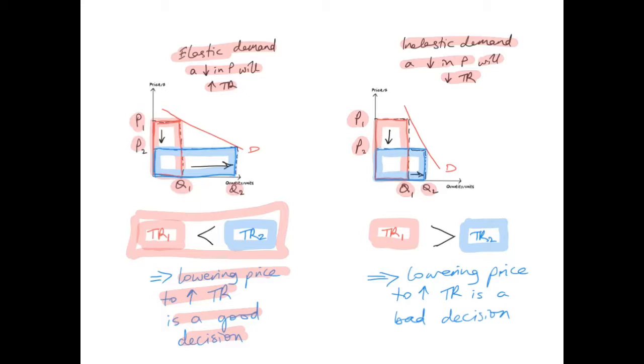TR1 is bigger than TR2. So here, in this case, lowering price to increase total revenue is a bad decision. This firm should have actually raised the price because the demand for its product is inelastic. So knowledge of price elasticity of demand helps firms make their pricing decisions and whether or not they should raise or lower the price in order to increase total revenue.